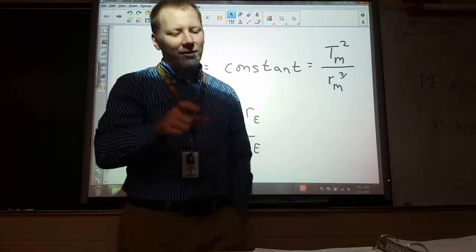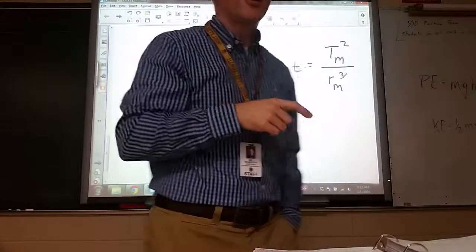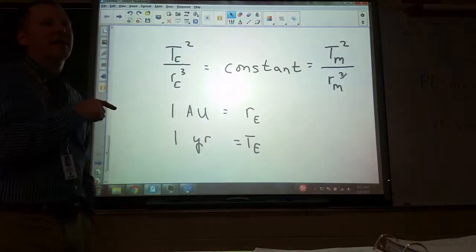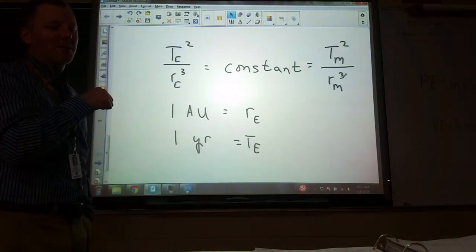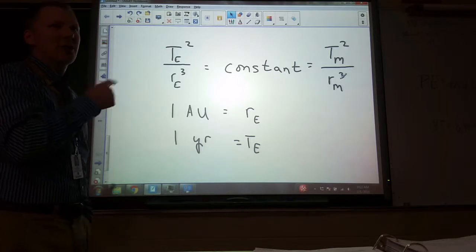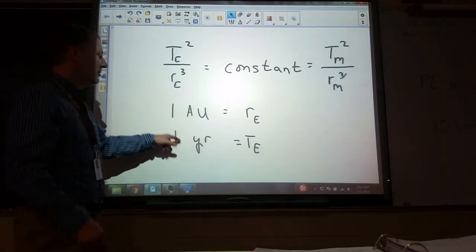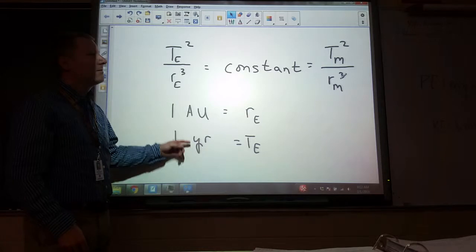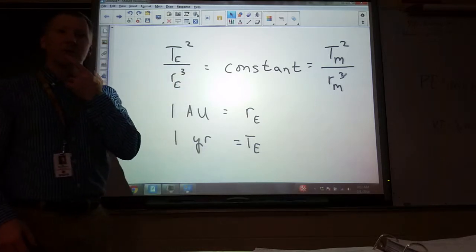The radii of their orbits are given, or at least the average of their orbits. So what I want you to find out is, based on this information, how long is each other planet's year in Earth years? So just rearrange and solve all of those.